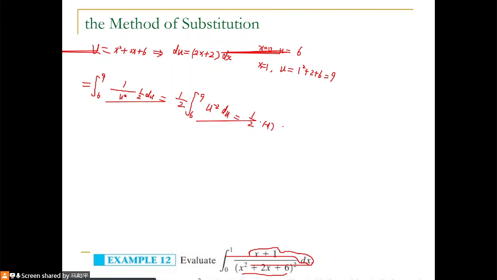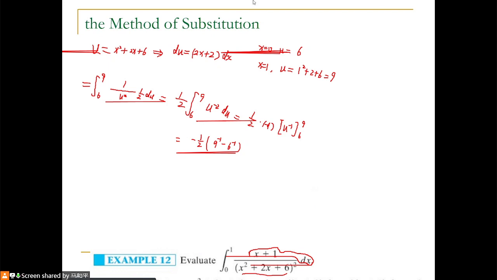u to the minus 1, from 6 to 9, is equal to minus 1 over 2 times (9 to the minus 1 minus 6 to the minus 1). Let me check it.